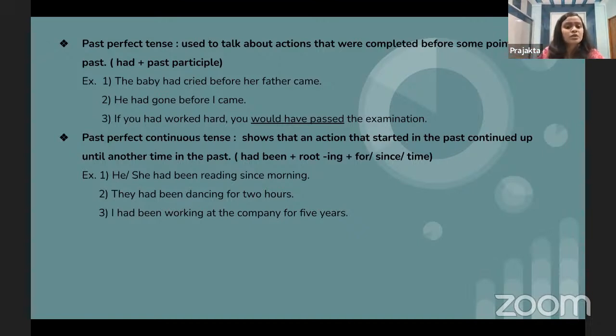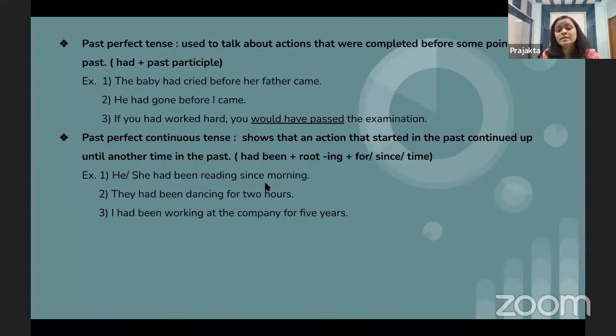Okay, so see, here is the formula, had been plus root verb ing, and we use for, since, and the specific time. Okay, see this example, he, she had been reading since morning.